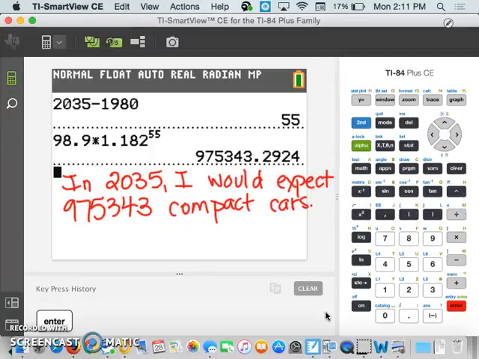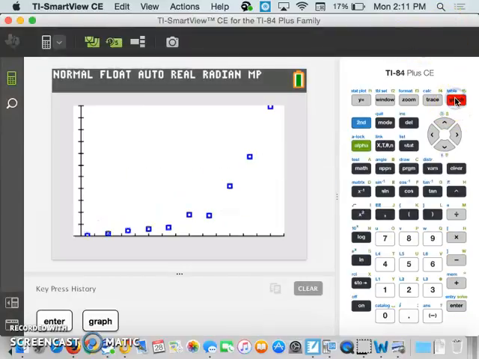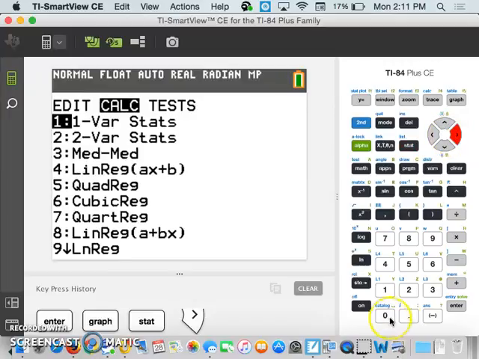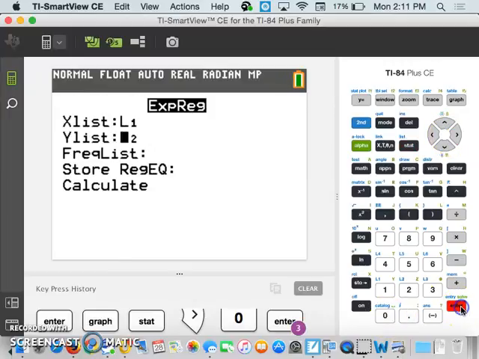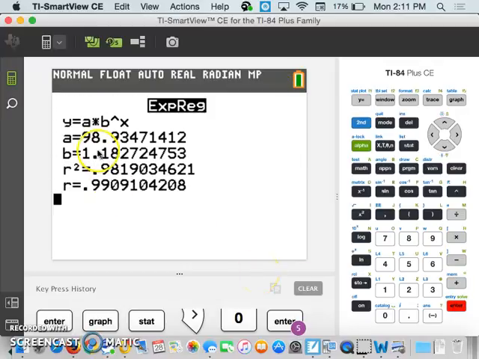And then the last thing that you can do is take a look at the graph one more time, and we had all these really nice dots. And then if you are interested in pasting the regression equation into your y equals and making it as exact as possible, when we run regression, we have lots and lots of decimal places in our A value and our B value.